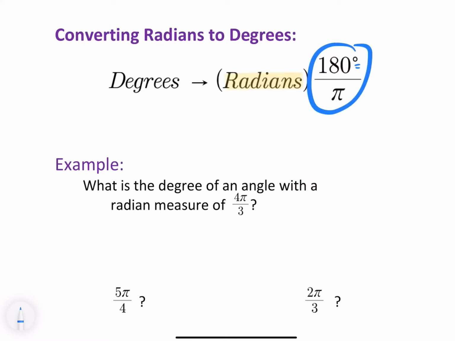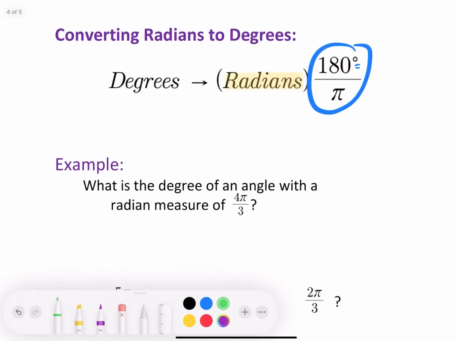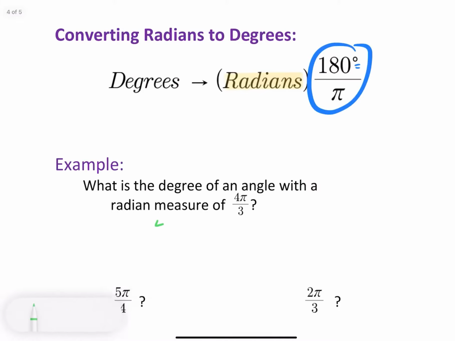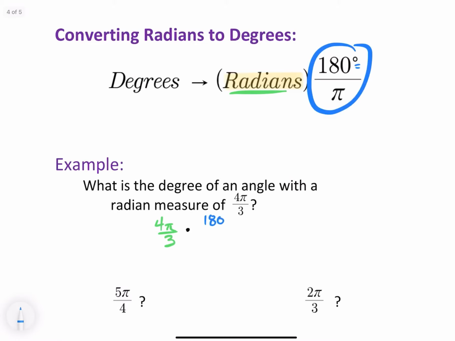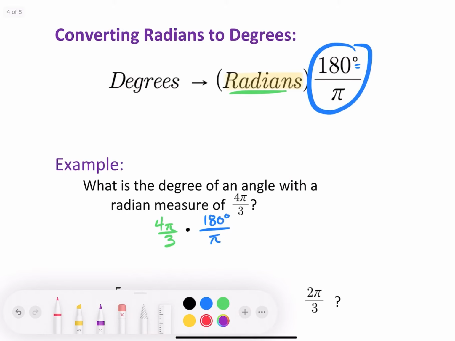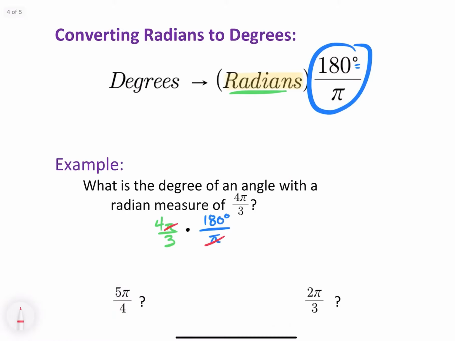So let's go ahead and try this out. I'm going to start off with 4 pi over 3 in this first example. So 4 pi over 3, that's our radian measurement, and we're going to multiply it with 180 over pi. So 180 degrees over pi. Now, again, I like to simplify some things here, and the first thing I can simplify is canceling out these pi's. Those pi's are gone. And I could also cross-simplify with that 3 and that 180.